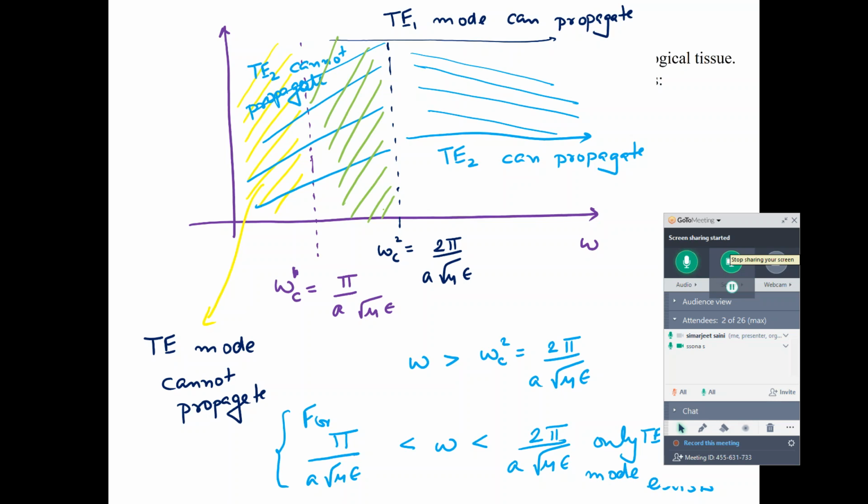You will definitely see that when you do fiber optic communication. So for many applications, it's desirable to make the waveguide single mode. This is called a single mode condition, where only one specific mode of the solution can exist.